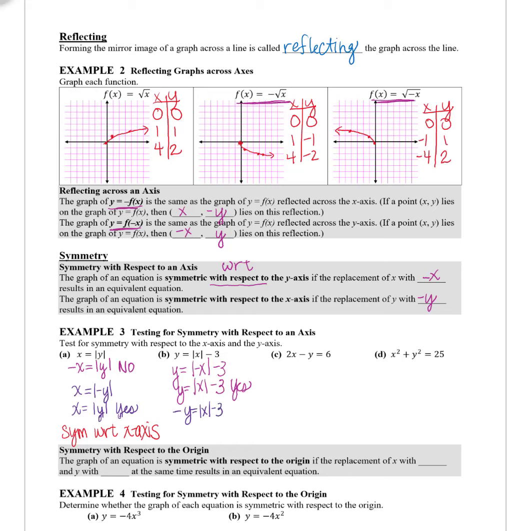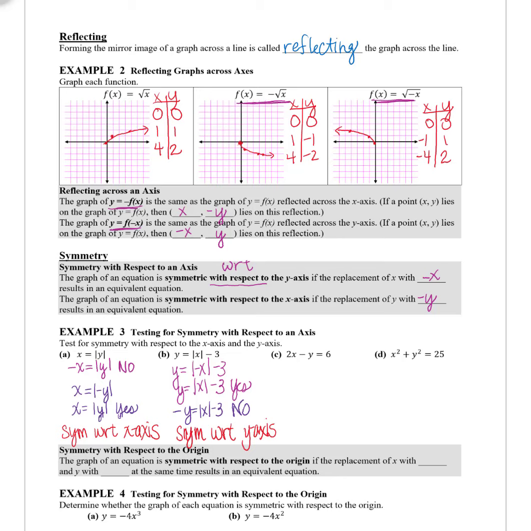And this is not equivalent to the first equation that was given, and so this is no. So the answer to this one is symmetric with respect to the y-axis, because when we replace the x with negative x, we got an equivalent equation.